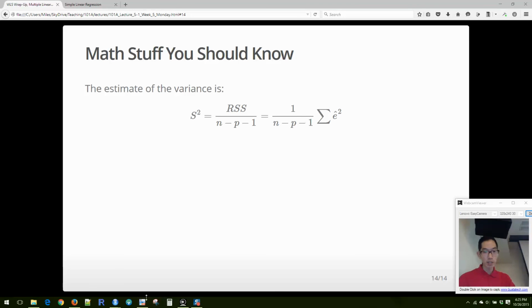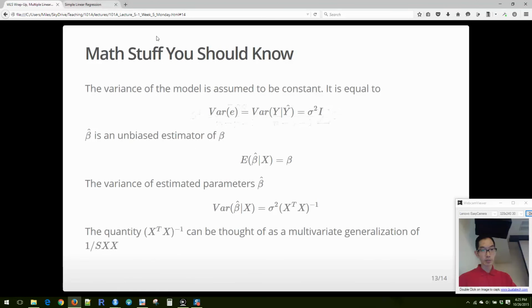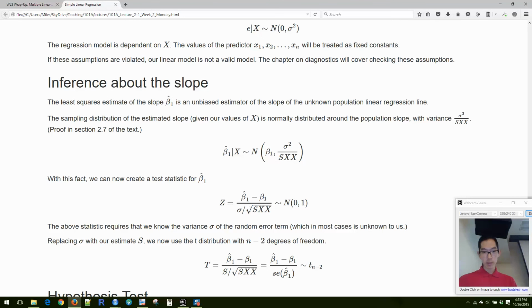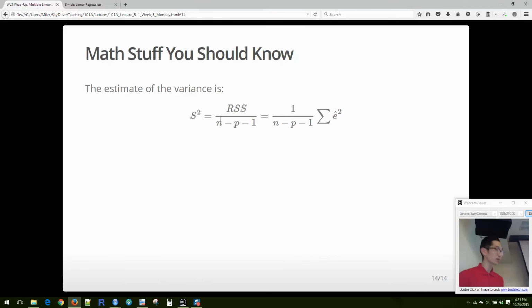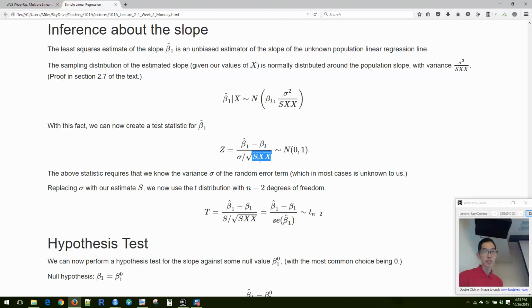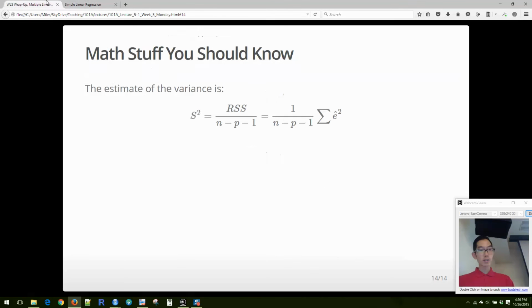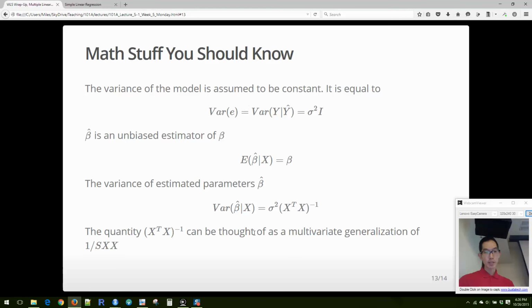Then for the standard error, in simple regression you have s over the square root of Sxx. Here, s squared times x transpose x inverse would be the standard error term, and then you can take the root of that.